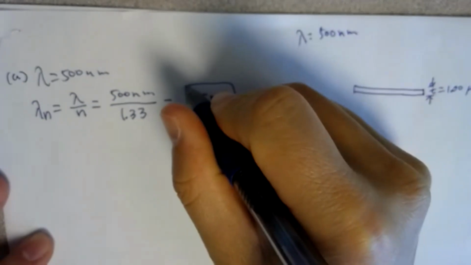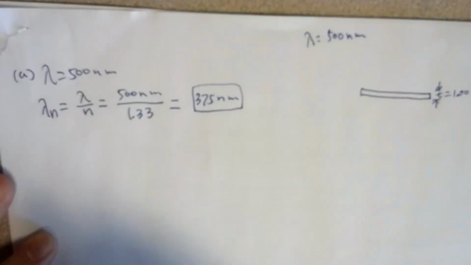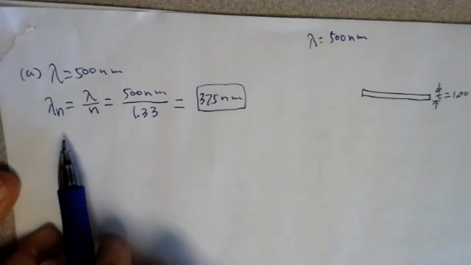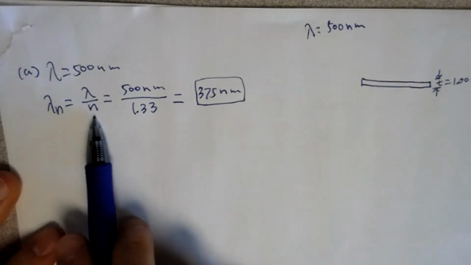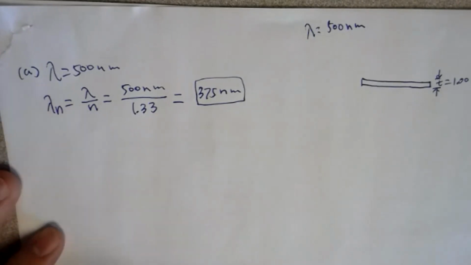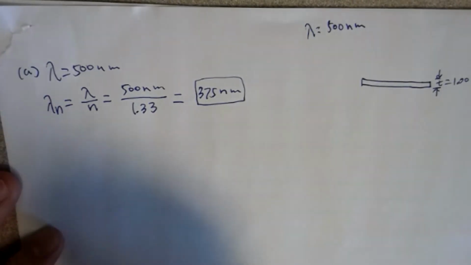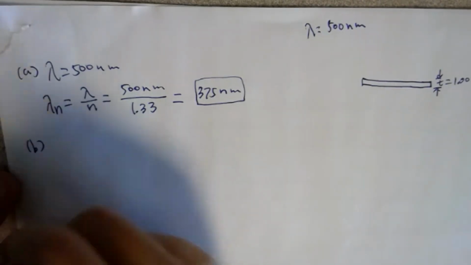So again, the wavelength changes when it enters a medium of index of refraction n: it reduces by a factor of n. Now let's take a look at part B.